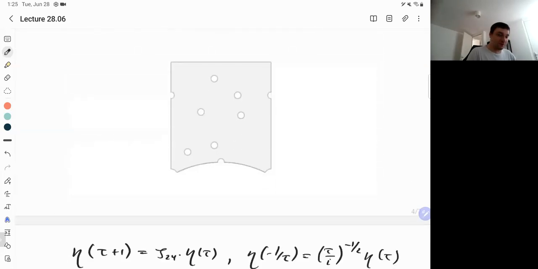Basically you take the fundamental domain, you cut it off at some height t, and you also drill holes everywhere where there are zeros of your function. And possibly if it has a zero at these corners, you also make a hole there. So this is i, this is rho, and this is minus rho bar overall.